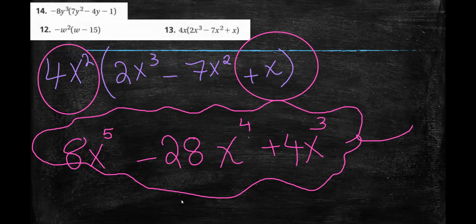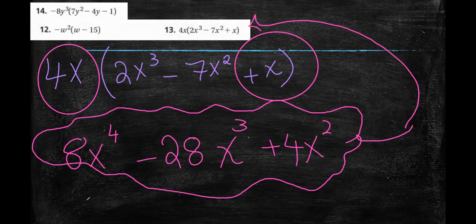So it will be here 8x to the power of 4. If you want to solve number 13 as it is, let's change the powers. Let's remove this one. Here it will be 4, 2, 3, and 2. This is our number 13 now.